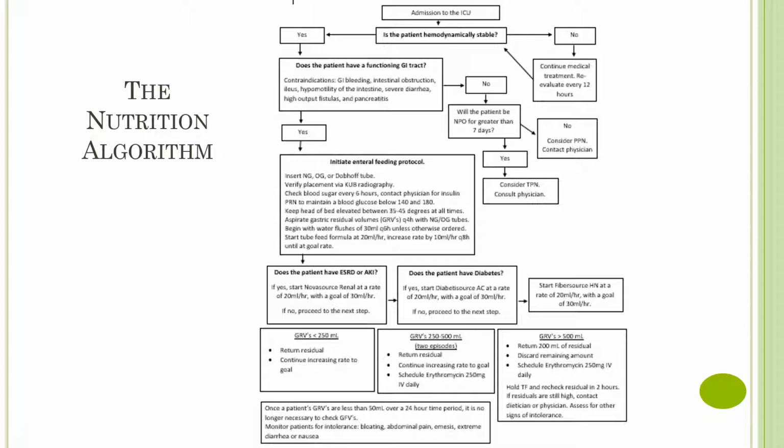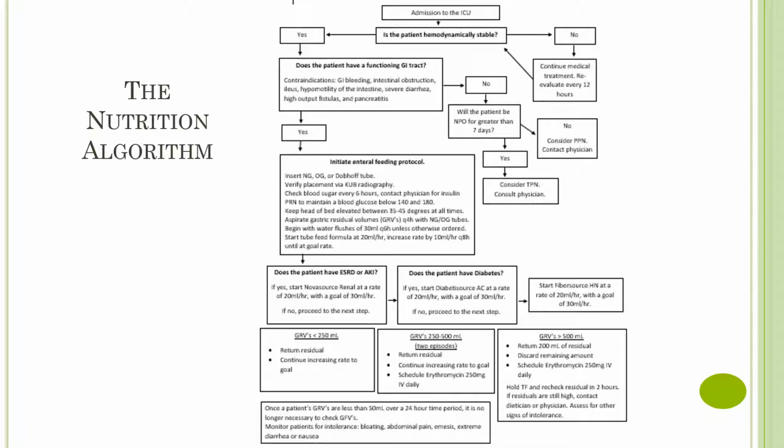And there are several things under that protocol that would be initiated, like inserting an NG, OG, or Dobhoff tube, verifying the placement of those tubes with a KUB, checking blood sugars every 6 hours, because in our ICU we typically maintain a blood glucose between 140 and 180, and then if they reach above those, then we would obviously get insulin orders from the physician.